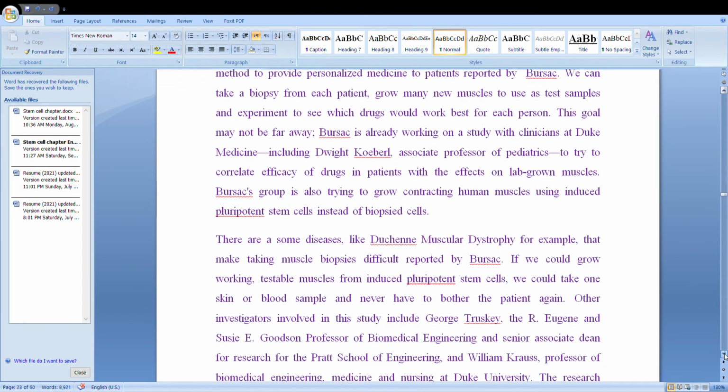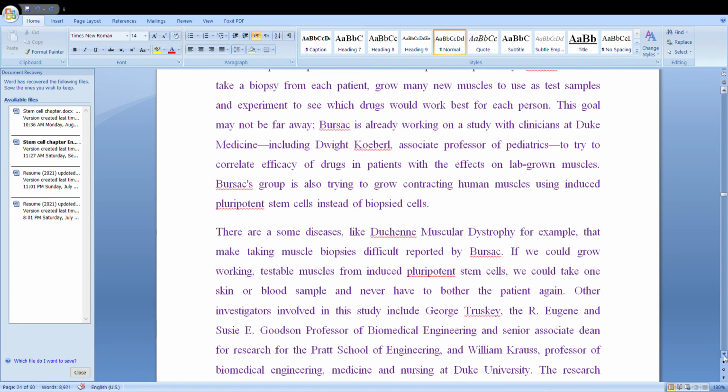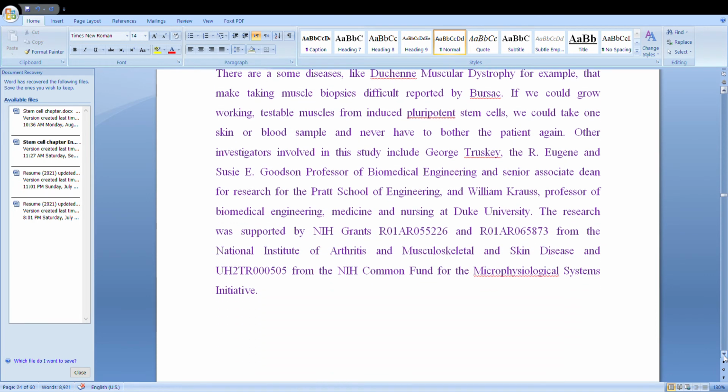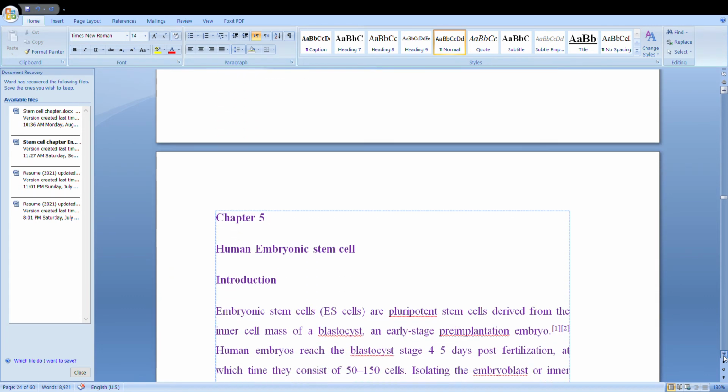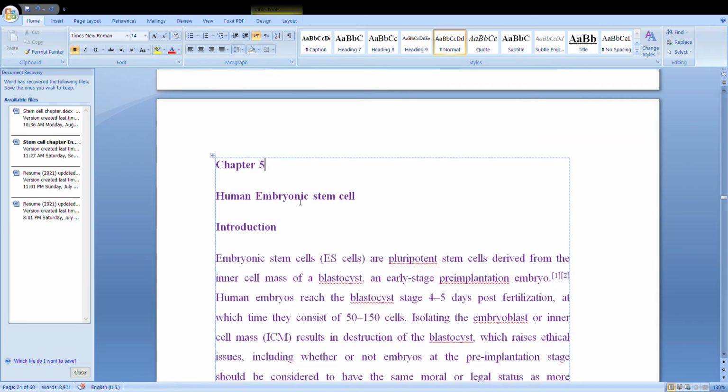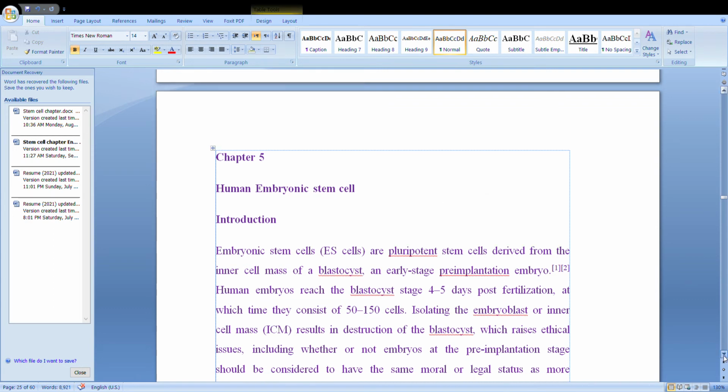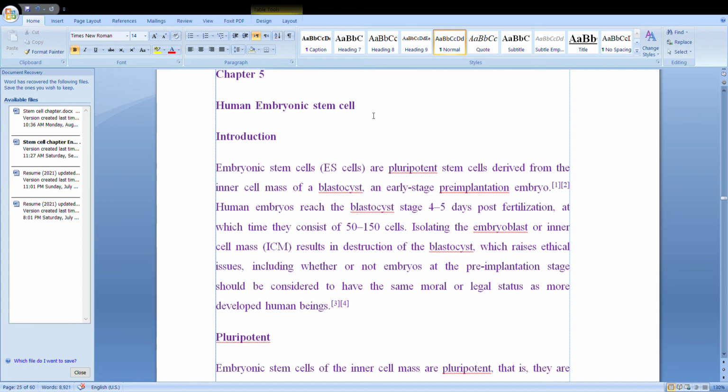He and his co-workers did many research studies, and they produced lab-grown human muscles, other organs, and human stem cells. So we can see here human embryonic stem cells.